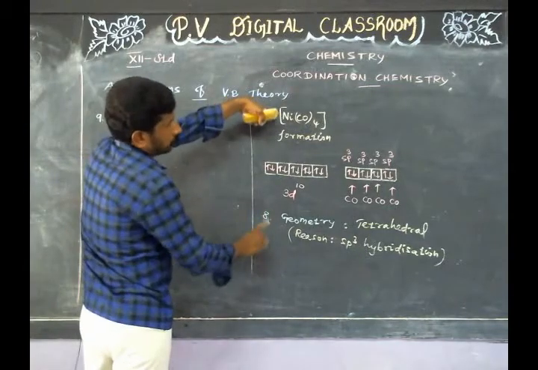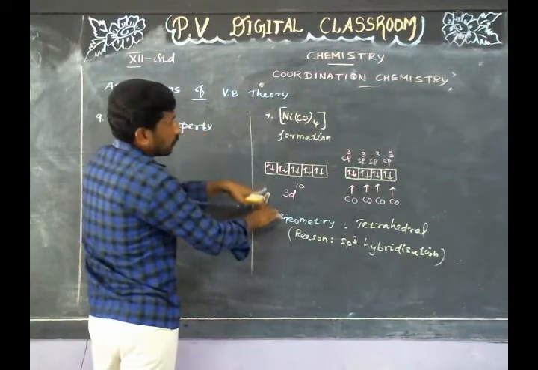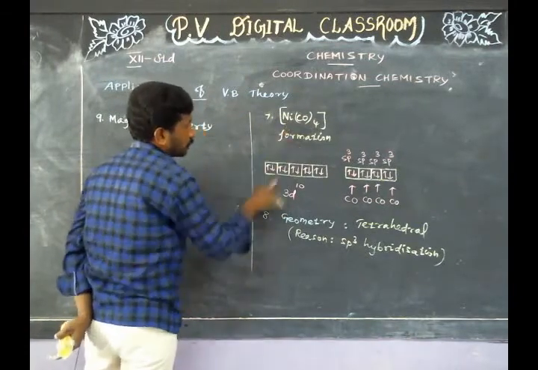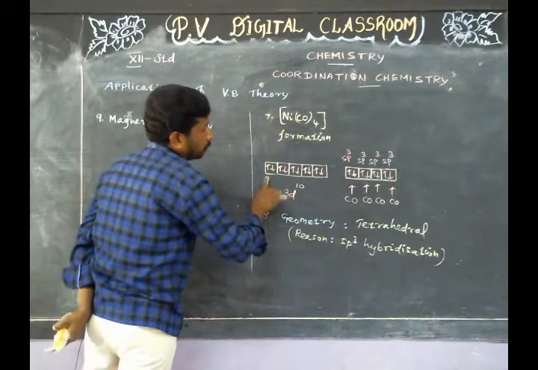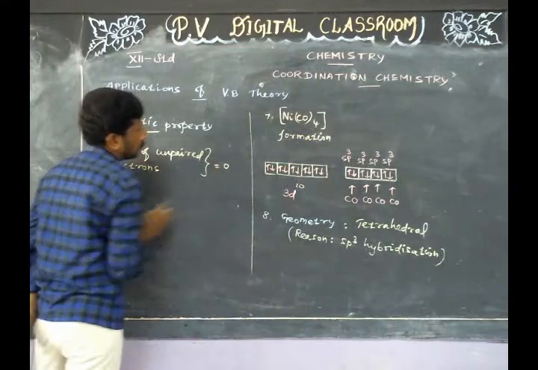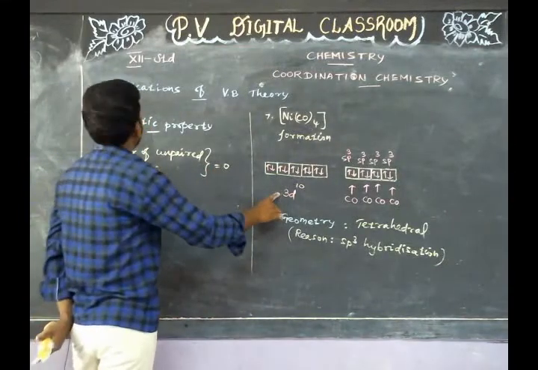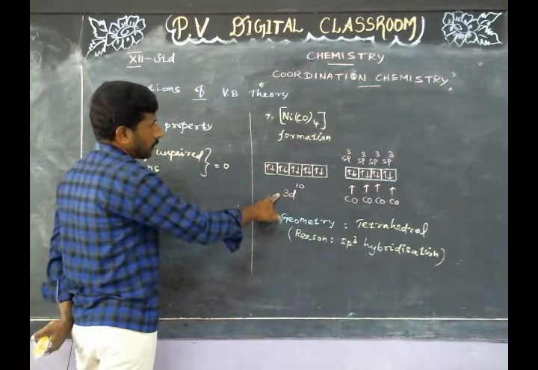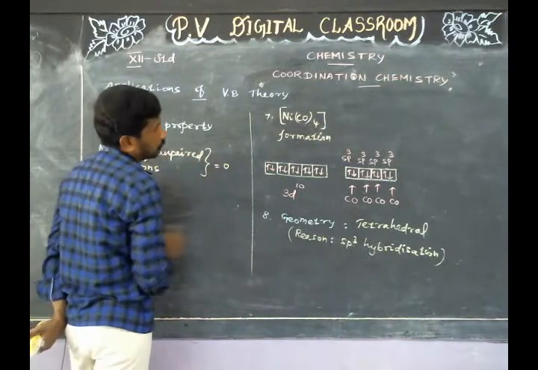In this complex, the number of unpaired electrons is 0. So, the magnetic property of this complex is diamagnetic.